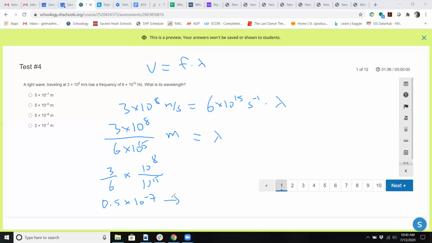Or you could move that over, because 0.5 is 5 times 10 to the negative 1. So it becomes 5 times 10 to the negative 8th power meters. So the answer is going to be that one right there, 5 times 10 to the negative 8th. So that's number 1. Clear? Move on.